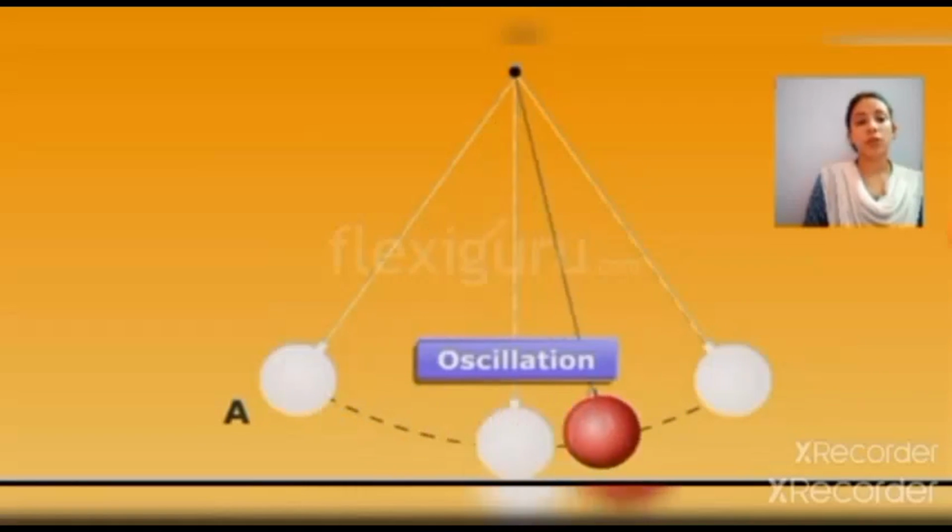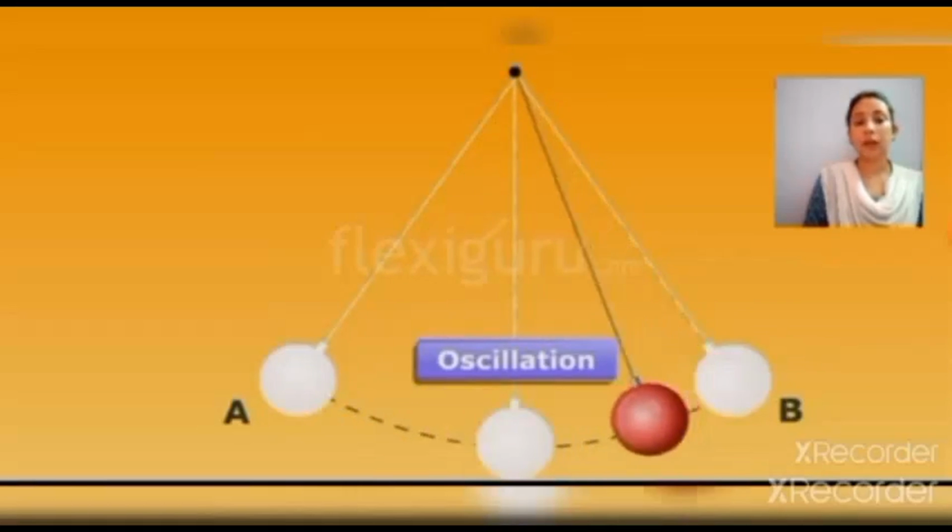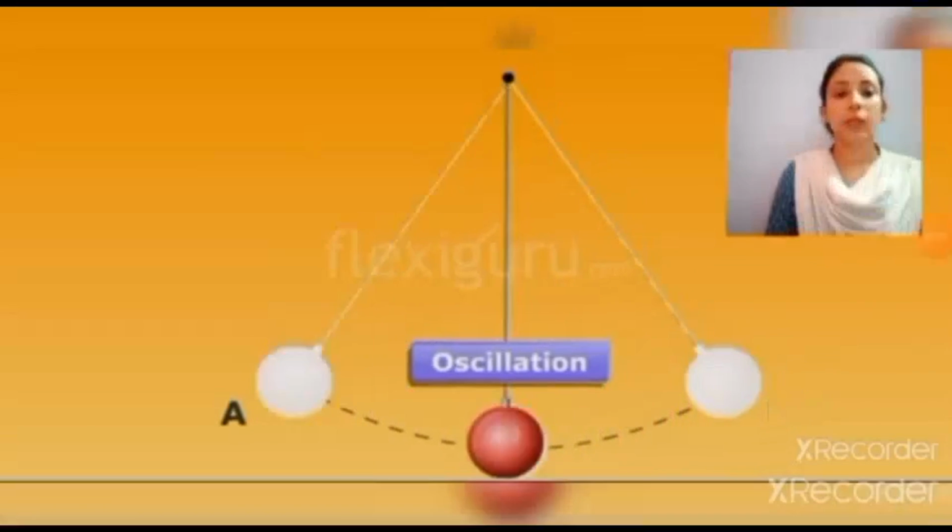Here, position A and position B are called extreme positions, and the central position is known as the mean position. When the ball completes the path from A to B, that is known as one oscillation.